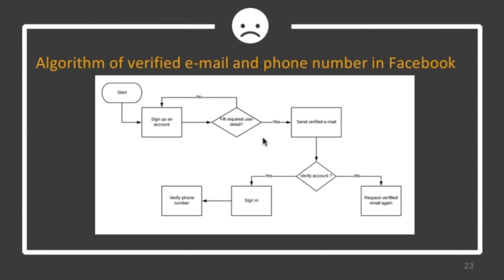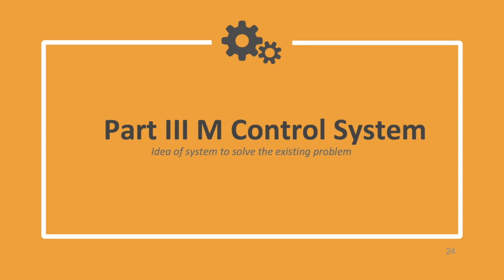If they verify the account successfully, they can sign in and verify a phone number as an option. But if they didn't verify the account in the email, they have to request the verification email again from the system.